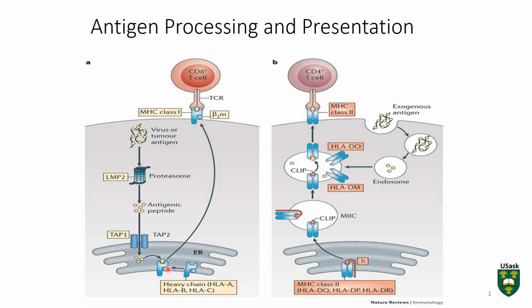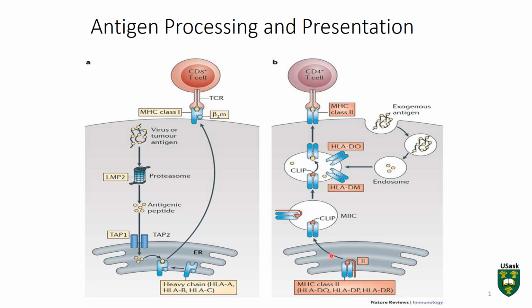Remember, I told you that both class 1 and class 2 are in the same endoplasmic reticulum. So if any peptides enter the endoplasmic reticulum, they only have one option to bind, which is class 1, because class 2 is already occupied by the invariant chain. That's why peptides from the class 1 pathway can't bind to the groove of class 2.